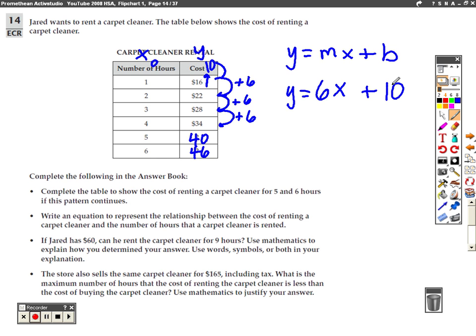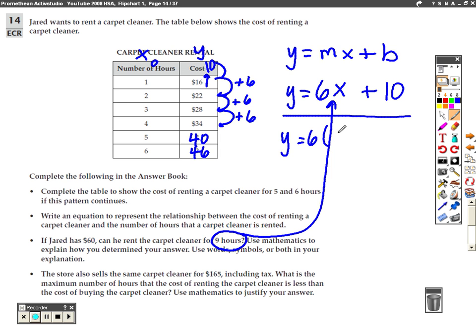Part 3. If Jared has $60, can he rent the carpet cleaner for 9 hours? Well, the easiest way I think to do this problem is to take the 9 hours and substitute it into your equation in place of x. So we would have y equal to 6 times 9 hours plus 10.